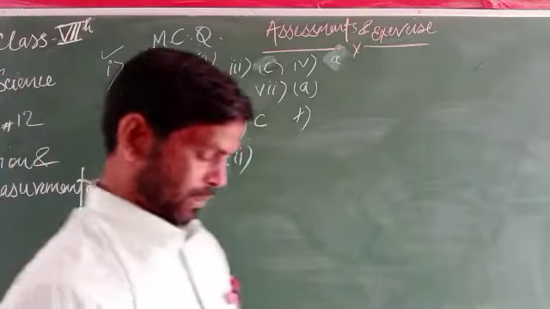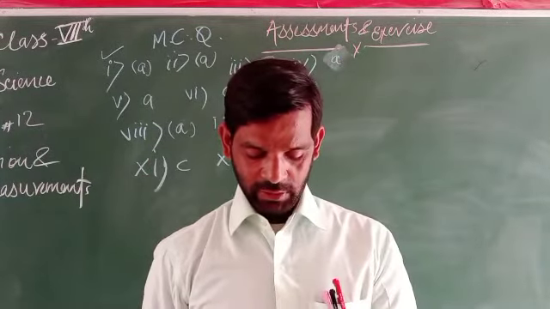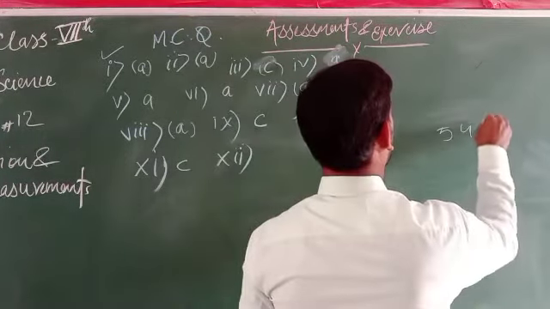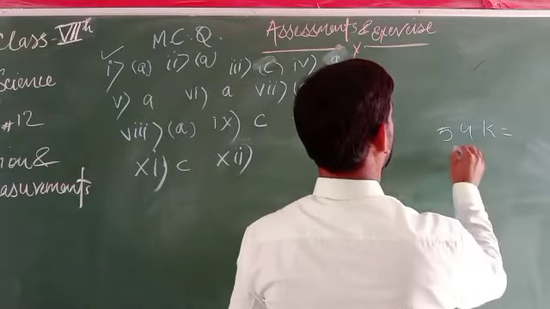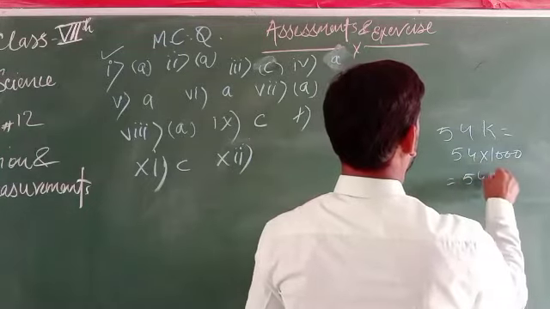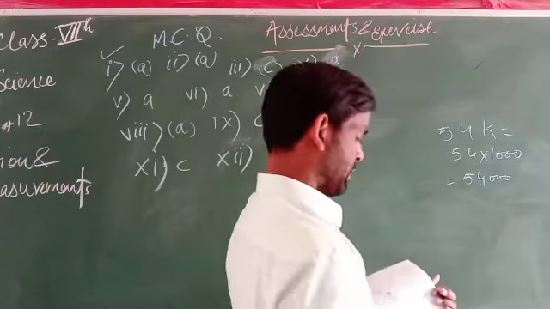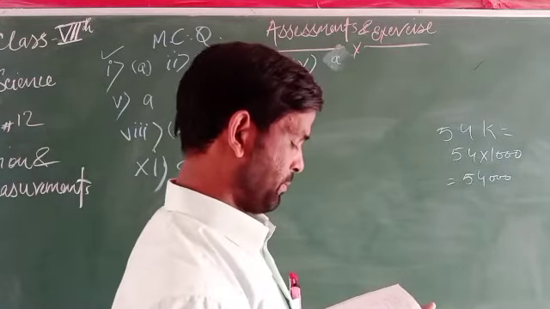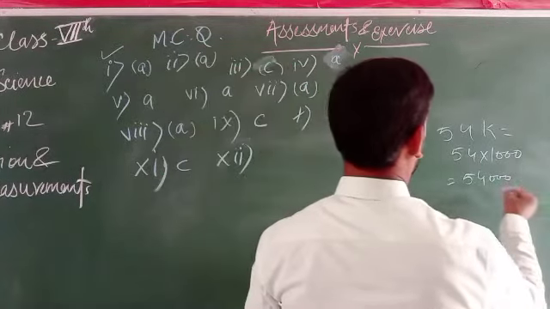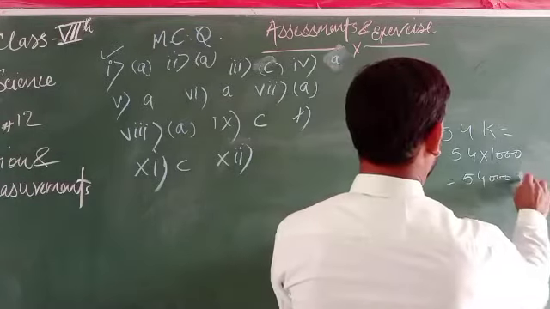12. A bus travels 54 km in 90 minutes. The speed of the bus will be: 54 km, which we convert into meters, so it is 54,000 meters.